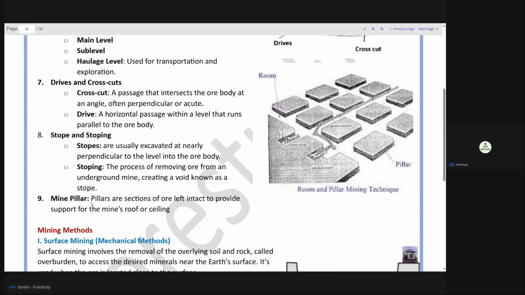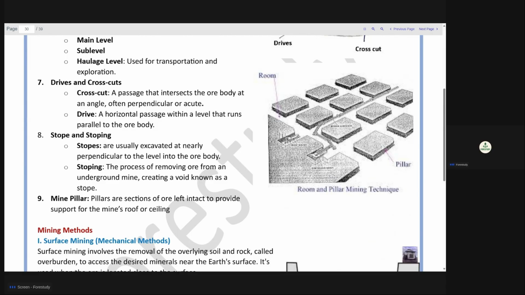Then we have mine pillars. This type of thing is mostly found in those types of mines where the ore bodies are mostly horizontal and planar, and mostly for coal mines these are used.